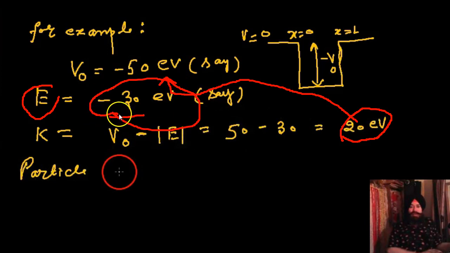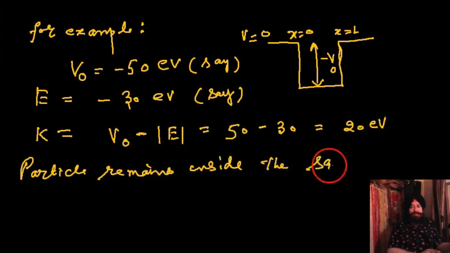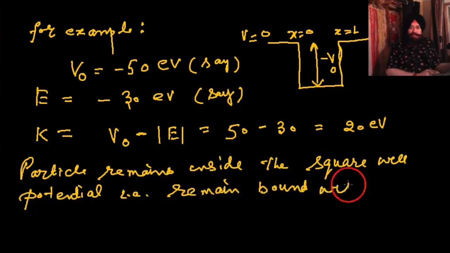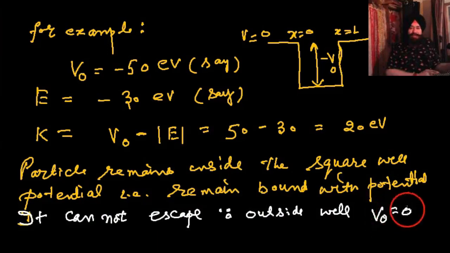If the total energy is negative, that means any particle which is inside the well will remain bound with the well potential. Particle remains inside the square well potential, that is, remains bound within the potential; it cannot escape.